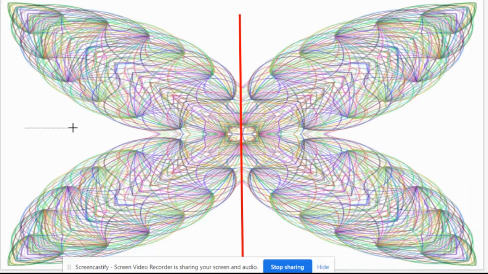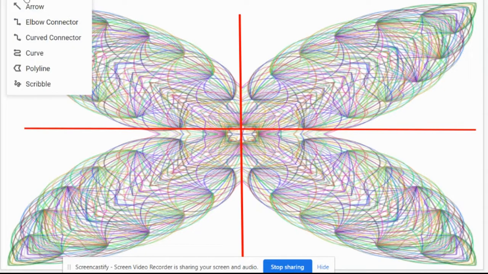Now we're going to draw a horizontal line through the center of the image. And again, I'm going to just make those lines a little bit thicker so that we can see them. You'll notice if you took the top half and you folded it down onto the bottom half, those sides would match up perfectly. So we have a second line of symmetry if we use a horizontal line.